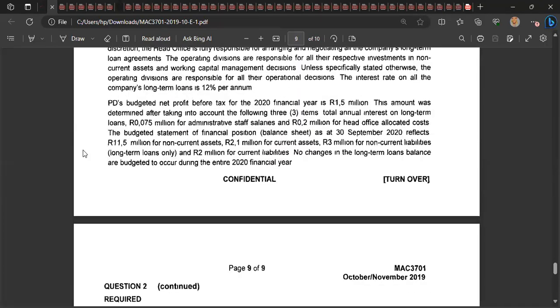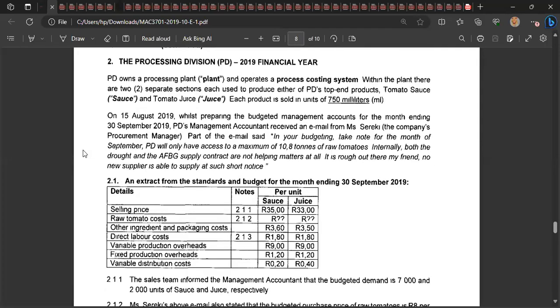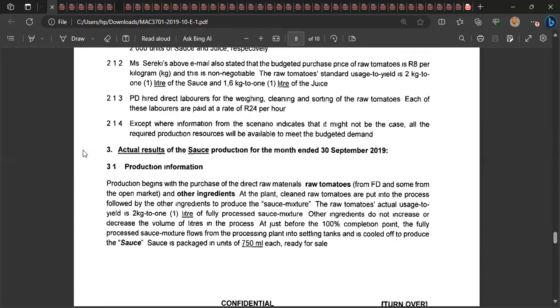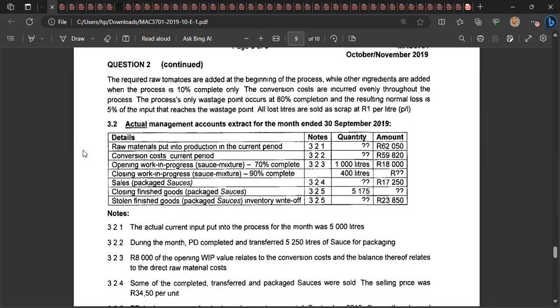We've got two kinds of costs here that we want to deal with. The first one is our conversion costs, and then we also want to deal with our cost of materials, which is direct materials.